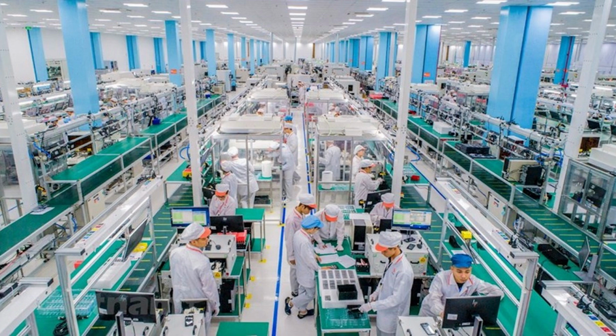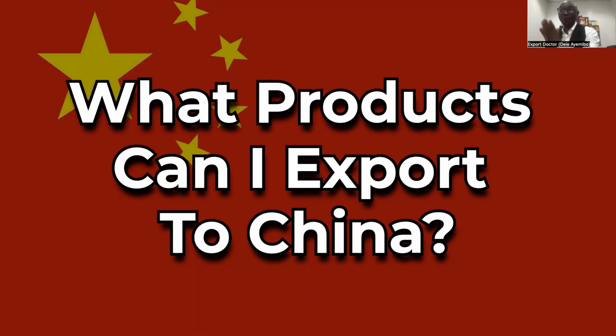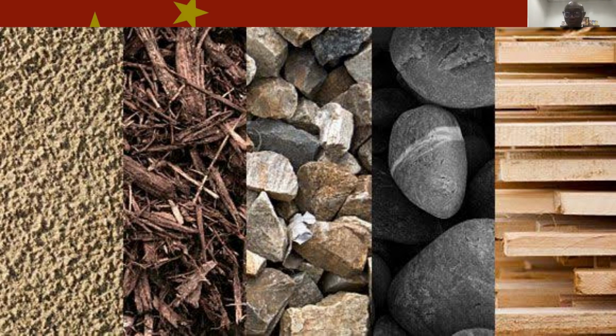Now, these are the kind of policies that China has put in place to ensure that its country is not a dumping ground. The import of China is deliberately targeted to attract raw materials required for manufacturing and intermediate product required for production within the country.